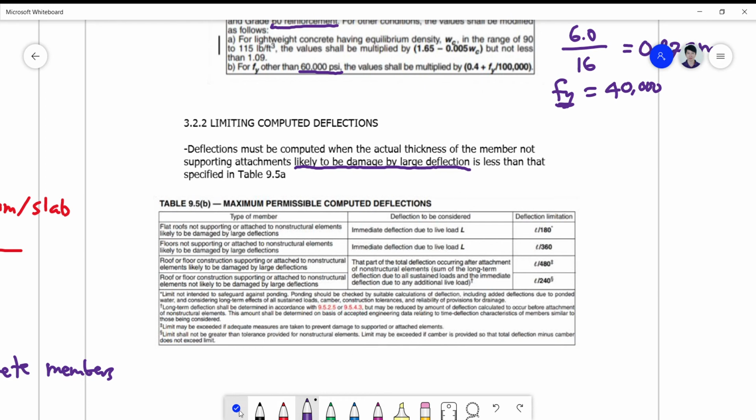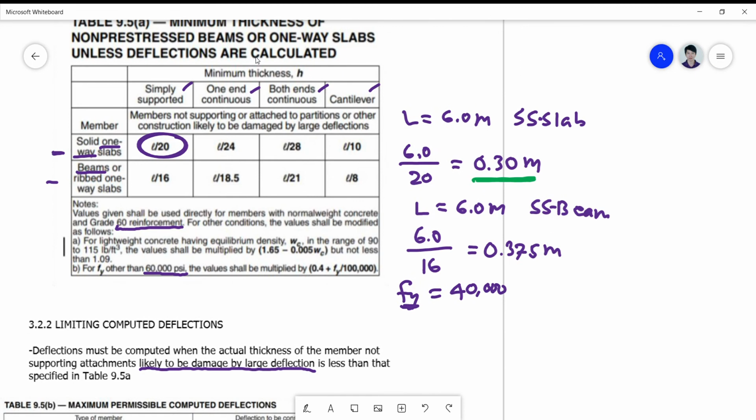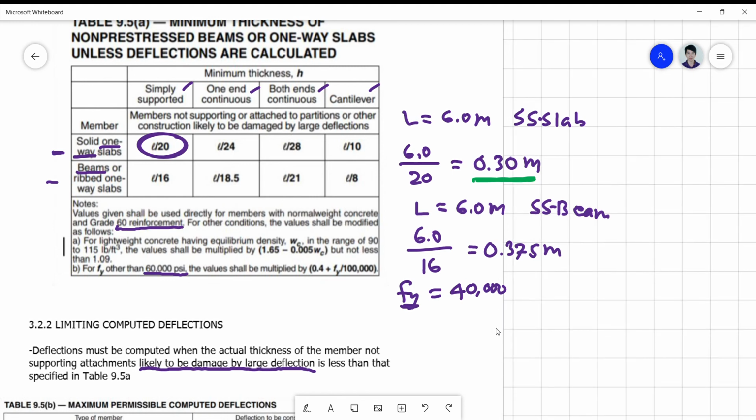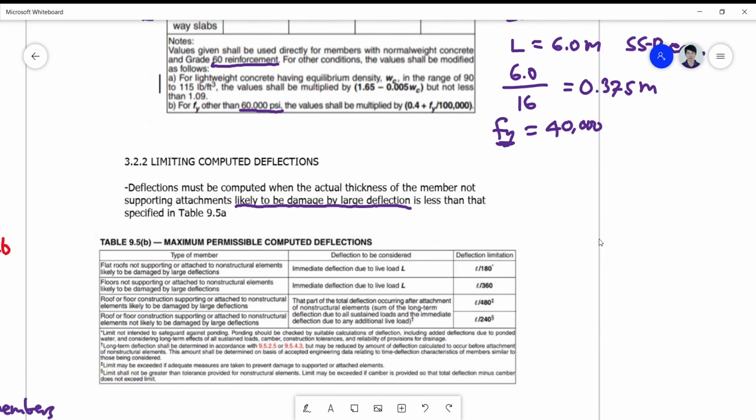For example, if I have my thickness or height less than this, and I want to use that actual thickness, and my member is actually attached to elements that are likely to be damaged by large deflection, then I have to use table 9.5b in order to check whether my calculated deflection is safe with regard to this limitation.